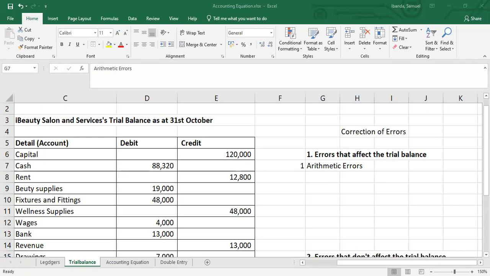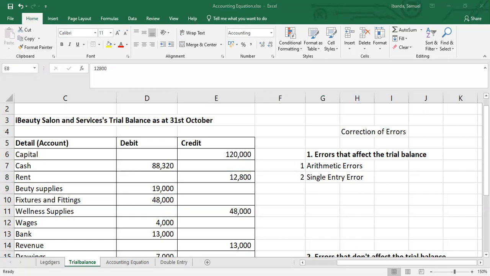And then you can also have an error of single entry. We call it single entry error, or error of single entry. Now, how the error of single entry would be, I'll give you a demonstration.